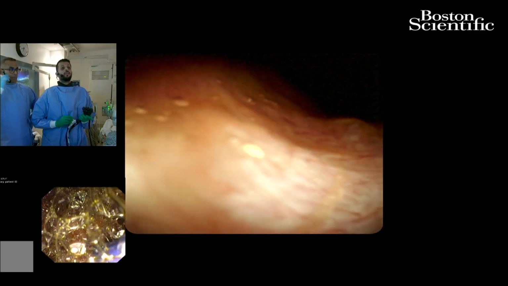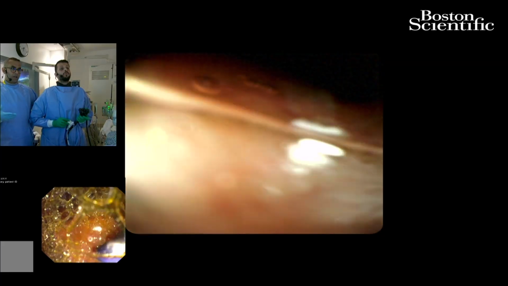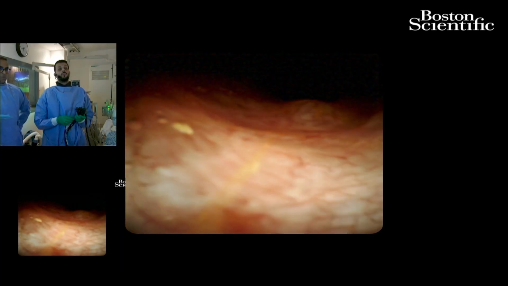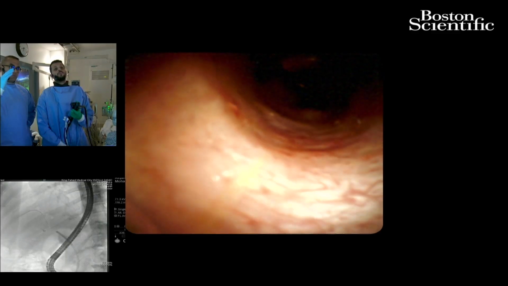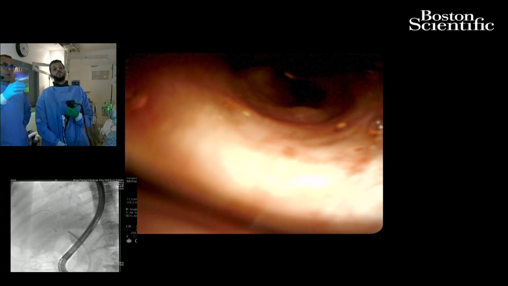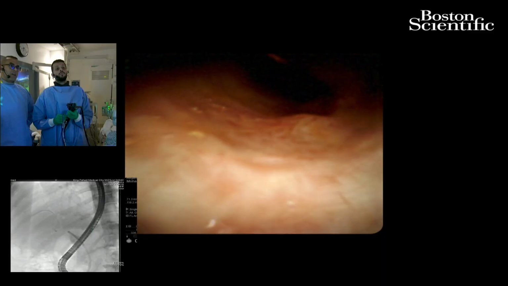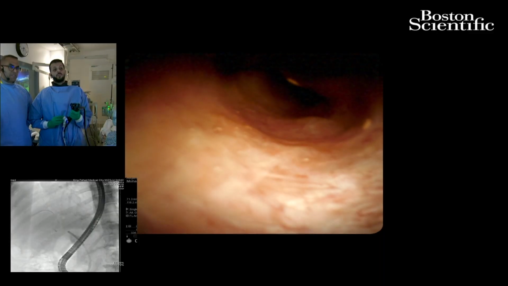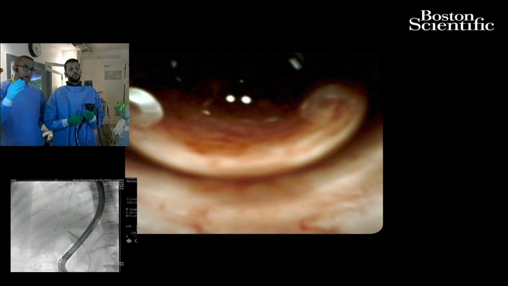One of the major things we have to look at is the mucosal changes before you decide what kind of stricture. If you appreciate what I'm seeing right now, there's hypervascularity in the area. There's an irregular surface covering more than 50% of the lumen of the bile duct. This is all abnormal.